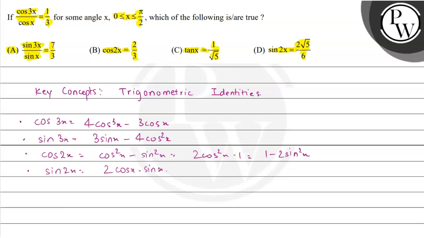Let's start off in this problem by listing what we have been given first, which is cos of 3x upon cos of x is given to be 1 upon 3. Now, we can split this cos of 3x as 4 times cos cube x minus 3 cos of x upon cos of x, which is 1 upon 3.